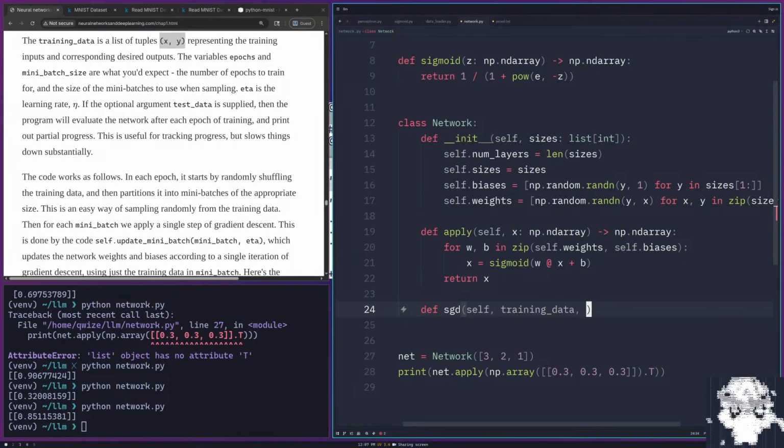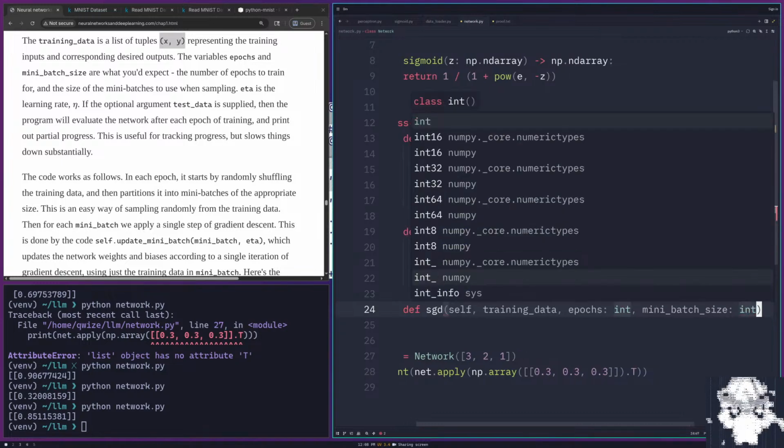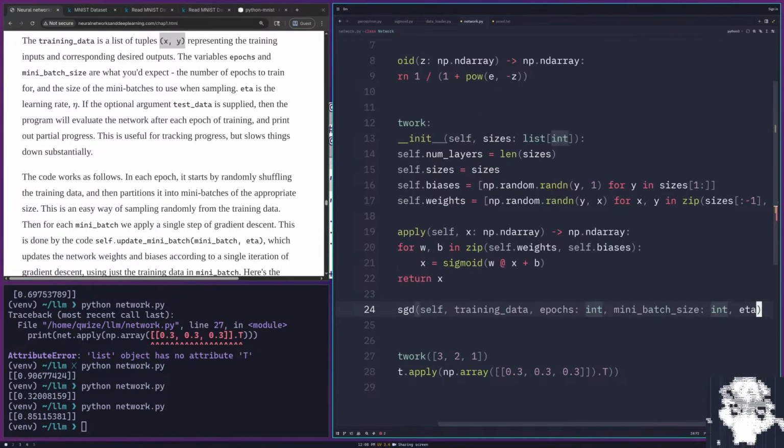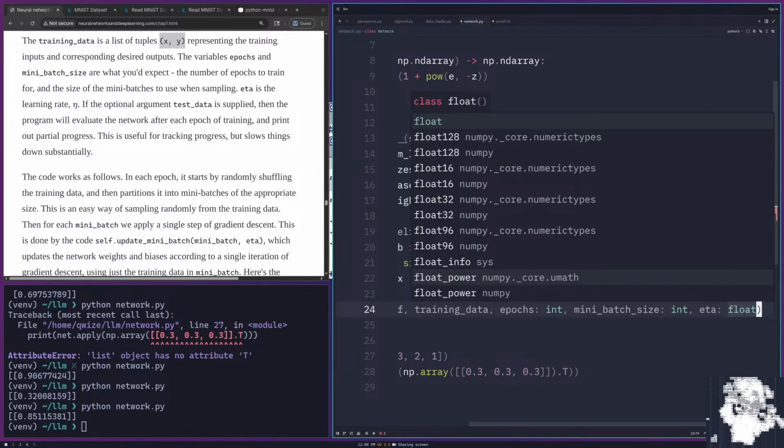So I'm going to skip typing it for now. Epochs is an integer. Mini batch size is an integer. And eta is a learning rate.